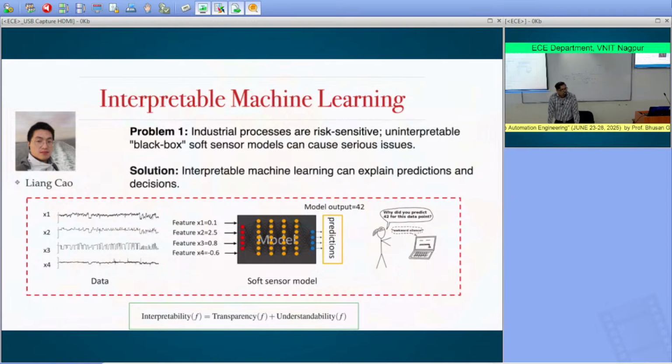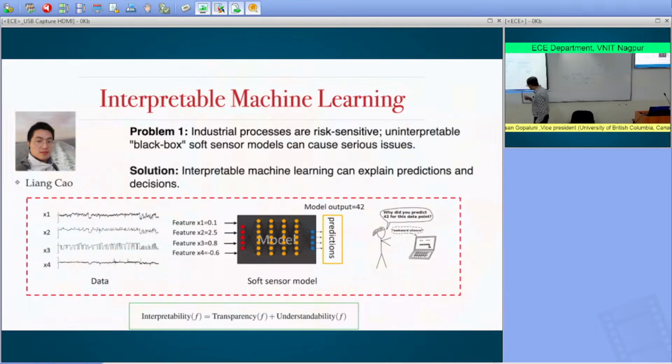So being able to interpret what your algorithms are doing is extremely valuable when you sell these to the industries, to the users, especially in processes or industries where safety is a primary concern, right? If I don't understand what I'm using, I'm not likely to use it all the time because safety is a concern.